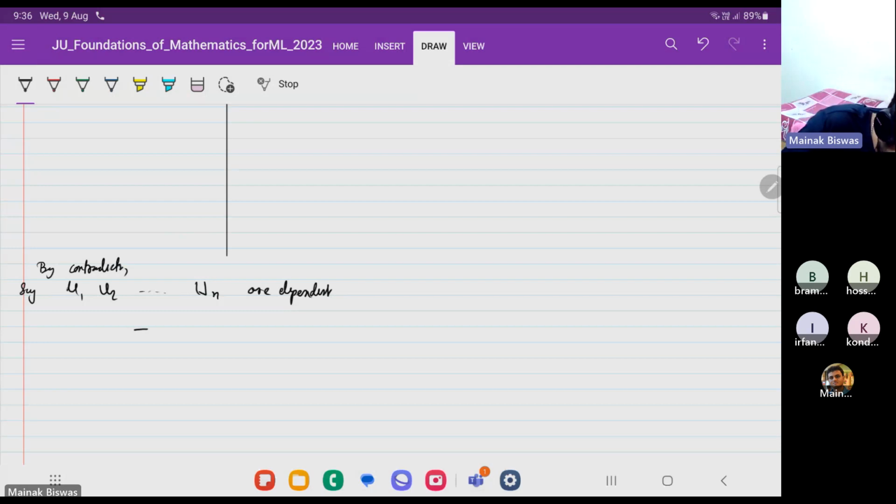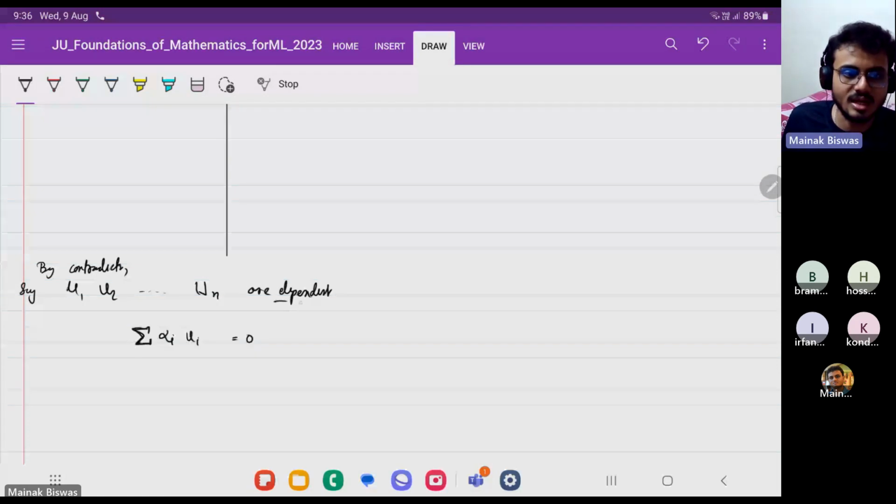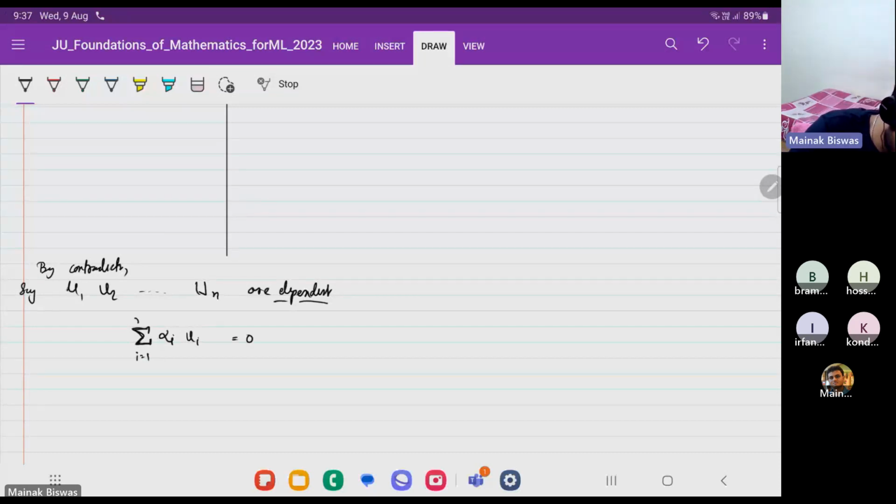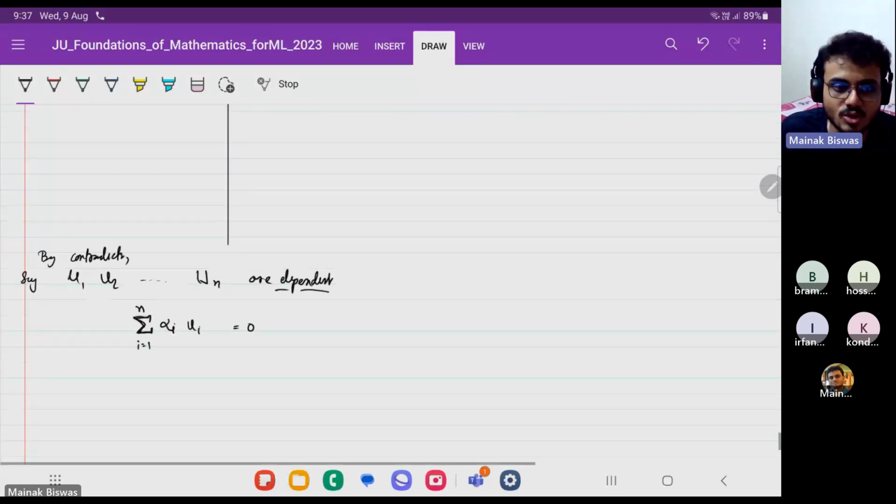As you were saying, I'll write sum of alpha i ui equal to 0. Yes or no? If they're dependent, I will have a solution like this, which is alpha i ui equal to 0 for all i from 1 to n. Correct? Next, what will I do? Now tell me, there's a very simple step, it should be catching your eye immediately. What should I do now?